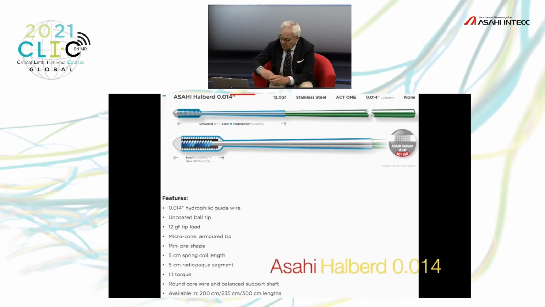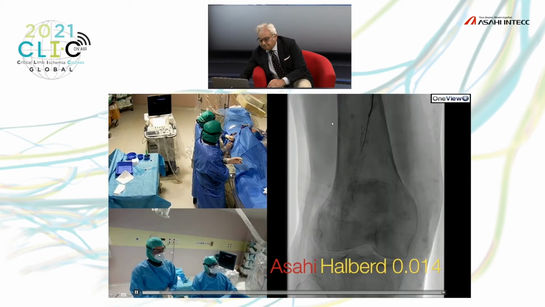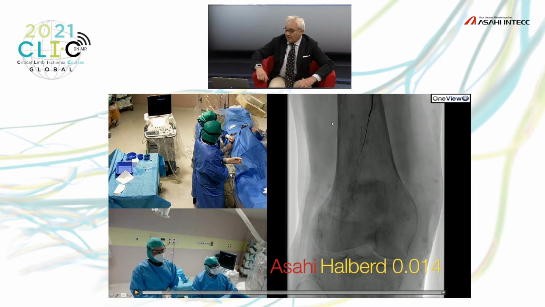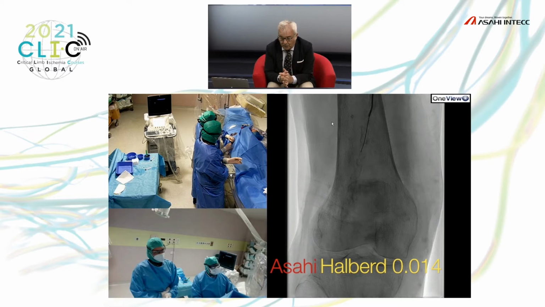So for this procedure, we have chosen this particular wire, the ASAHI Albert 1/4. Well, for every colleague and friend who knows our normal way of working, starting with the 1/4 is not common in SFA in our experience.